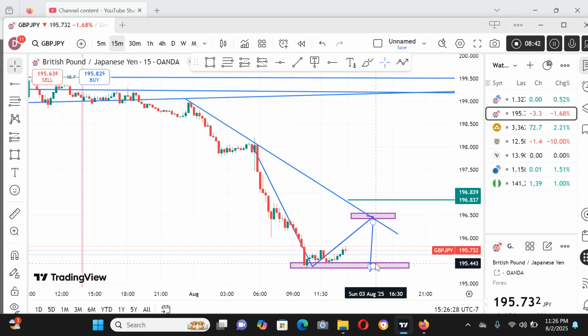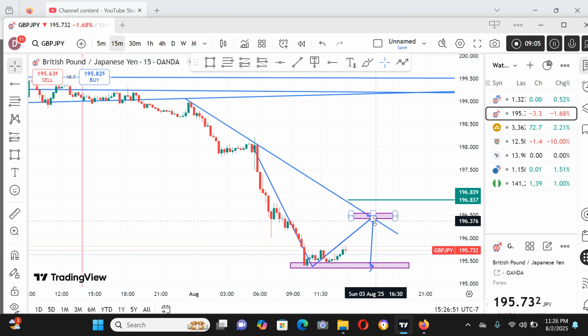And like I said earlier, before we place any trade, we must make sure that the distance between our entry point and our stop loss is at least short. Let it not be more than 20 pips. And then it should be able to give us at least 1:2 risk to reward before we place any trade.